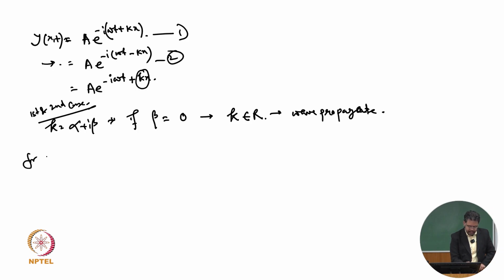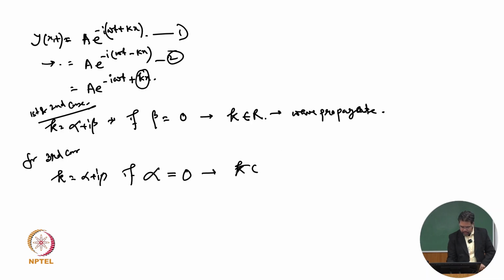But for the third case, if alpha is equal to 0, then the wave will propagate, because if you substitute it here, I will be associated with beta, not with alpha.